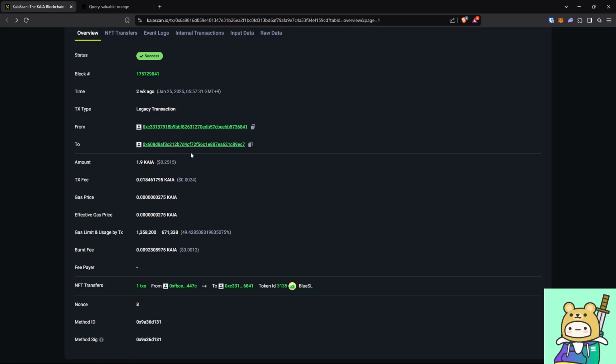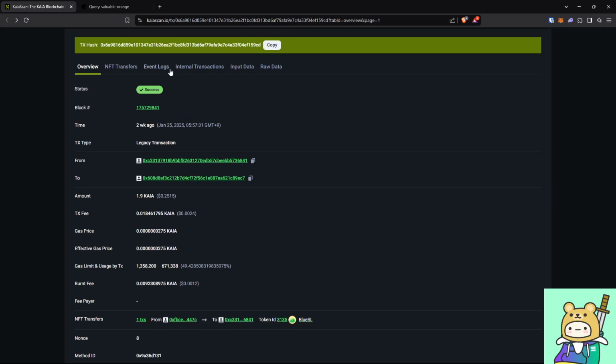The things we don't know here are, I guess, the platform fees, if any, or royalty fees, if any. That might be hard to decode, but we are trying to make a generalized query to get most of the NFT transfers that are going through this contract.